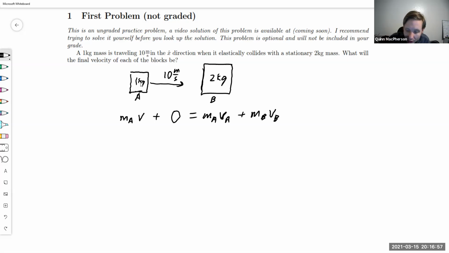I can also write the conservation of energy equation. 1/2 MA V squared is equal to 1/2 MA VA squared plus 1/2 MB VB squared.